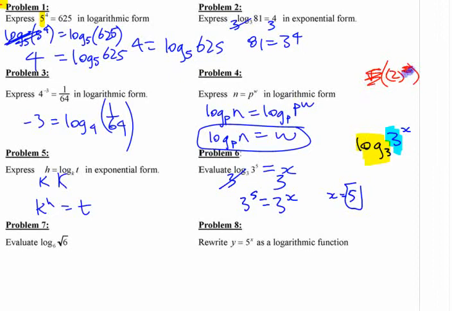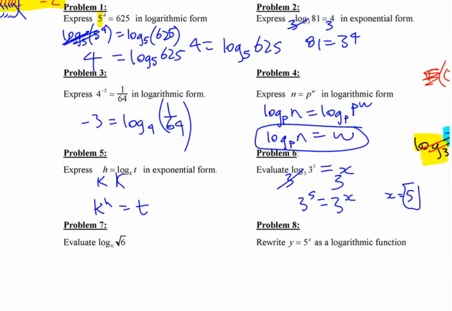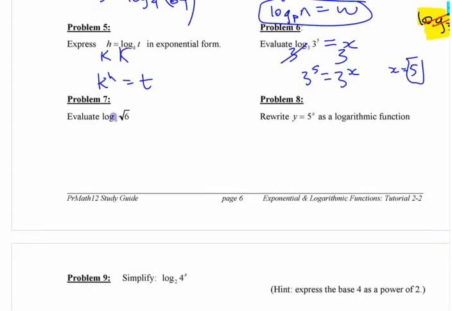So this cancels out, you just have whatever it was there, it was a 5. These last couple here. If you're trying to find the logarithm of something, if you can write it as a power of whatever the base is. Root 6 is like 6 to the 1/2. Log base 6 of 6 to the 1/2 is 1/2.